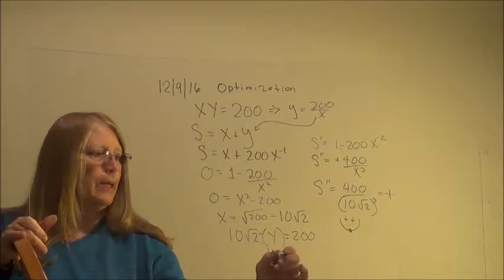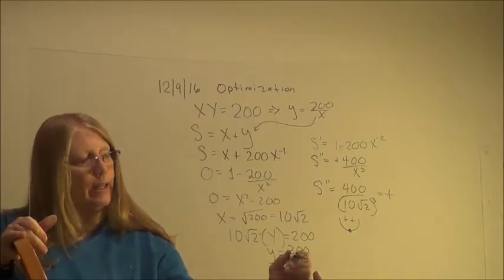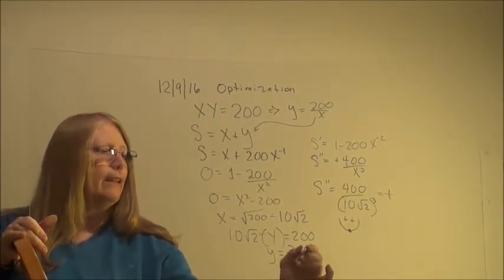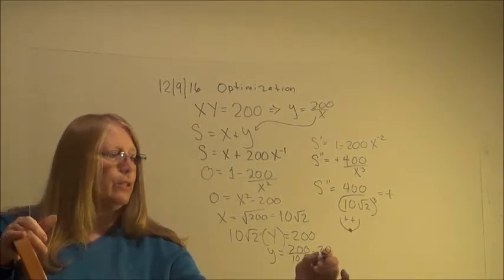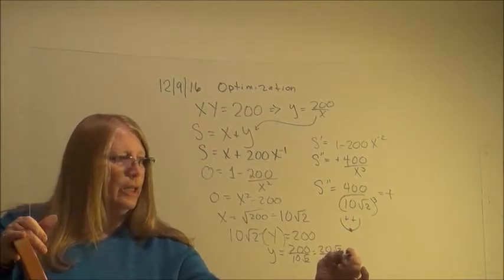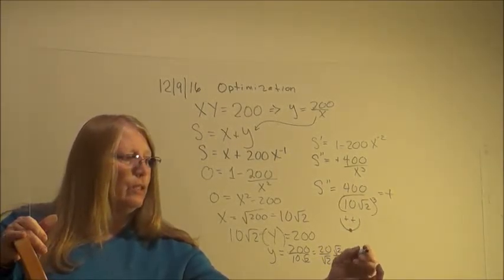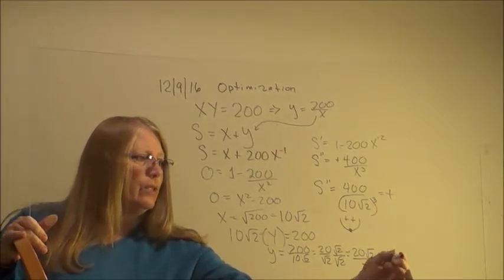Divide both sides by 10 square roots of 2, and that gives me 20 over square root of 2, rationalized. We get 20 square roots of 2 over 2, which is 10 square roots of 2.